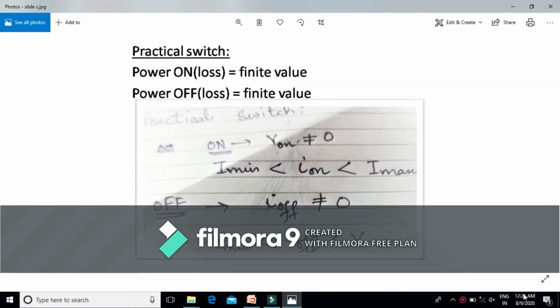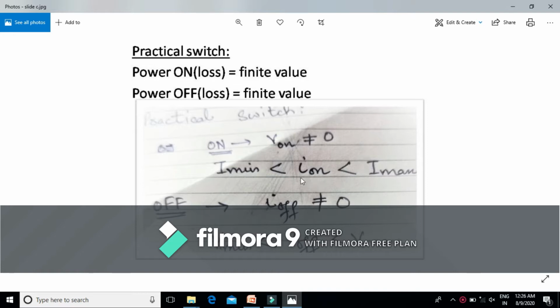Now let us consider the practical switch. In practical switch, when switch is closed, that means when switch is turned on, the current will flow, and that current has some finite value.